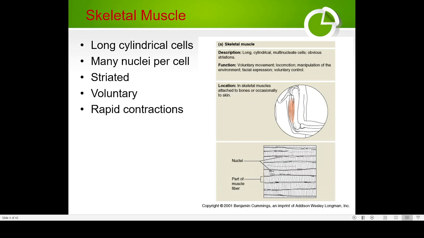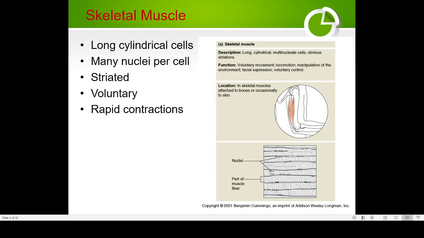Now another important property of skeletal muscle is that it is voluntary. The meaning of the word voluntary is that which we can move at our desire or at our will. For example, here there is one muscle, here there is another muscle. If I want to lift my hand, my brain controls the contraction of this muscle and my hand pulls up.